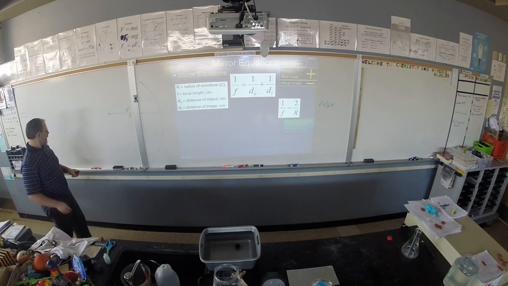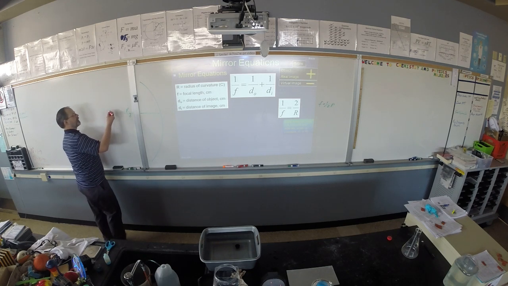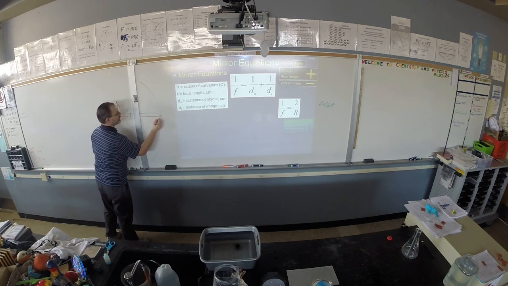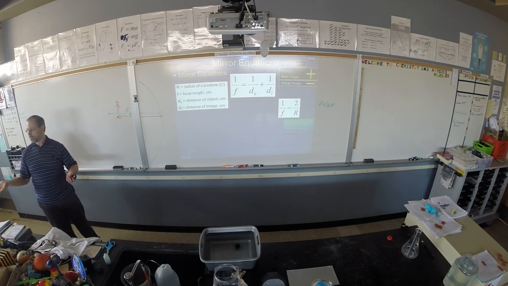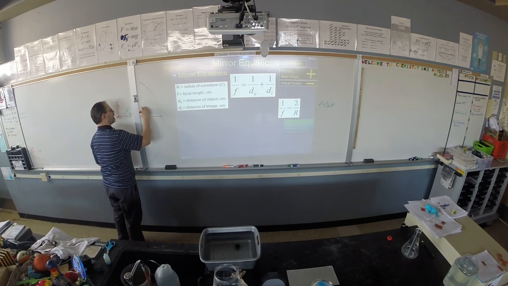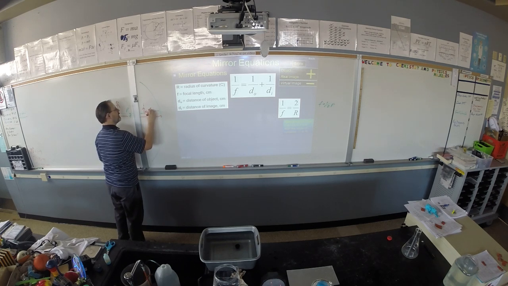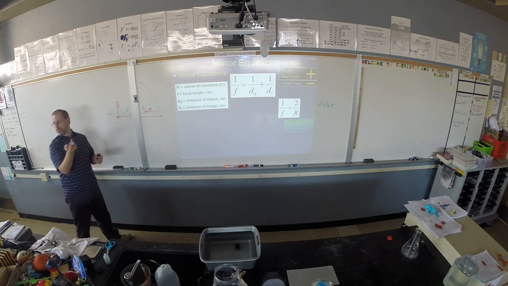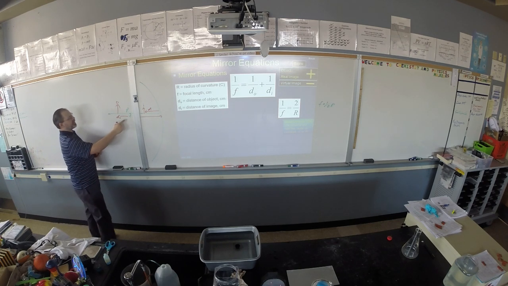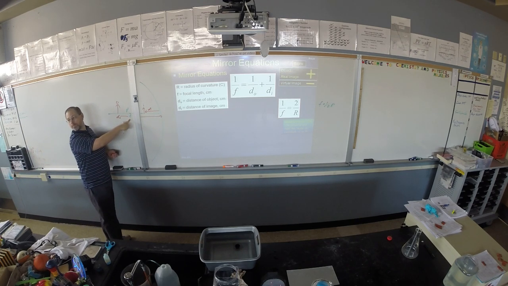So if you had an object, let's use an arrow, here, this would be DO measured to the center of the device. Make sense? Now if your image was right here, this would be DI measured from the device. Cool?